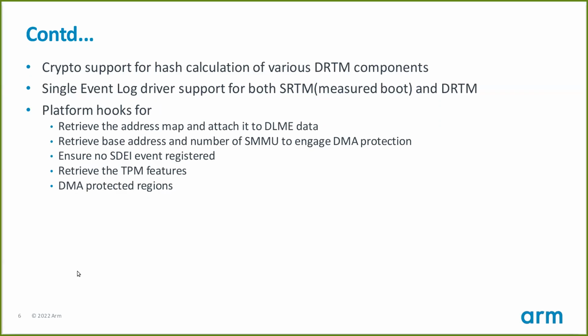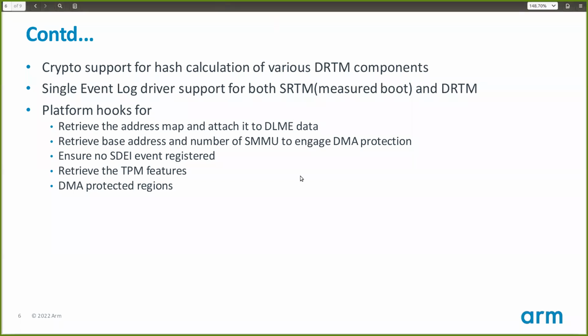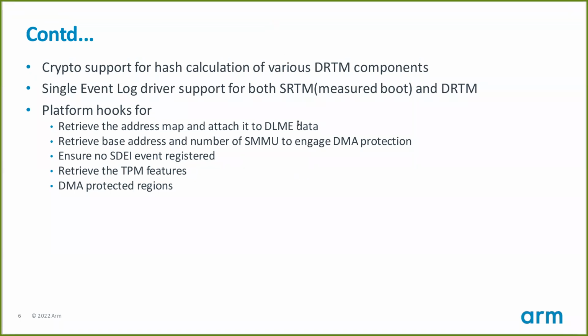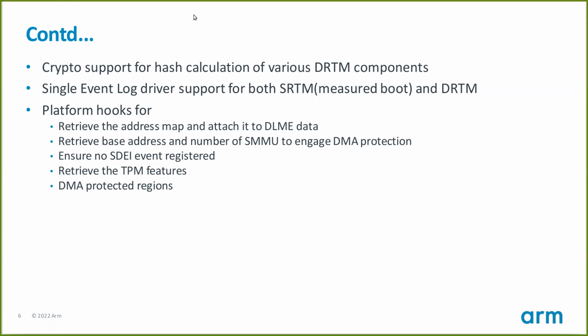So what does your POC do? Does it just hard code some features? I shouldn't call it a POC. What does your current implementation do? Yeah, the current implementation in the FVP is directly using the SHA algorithms and all those things via the platform hooks, not really using any physical TPM driver calls or anything like that. So it is basically using only the event log driver as of now.